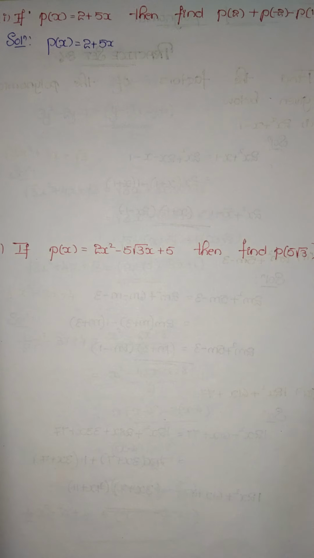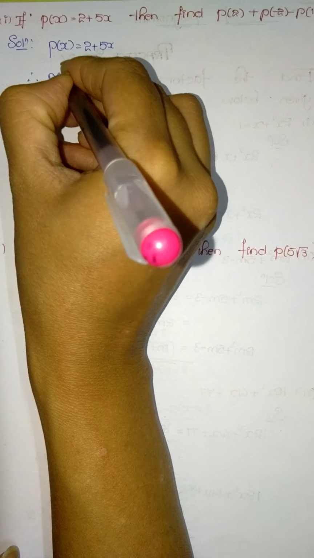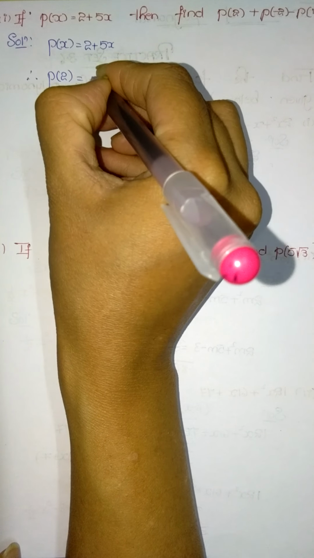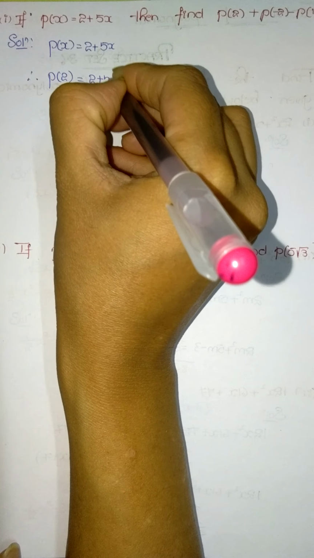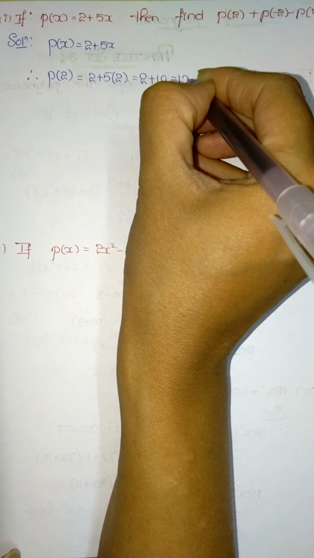So here p of x is given, 2 plus 5x. We have to find p of 2 first, p of minus 2 and p of 1, and then add and subtract them like an equation. So therefore p of 2: in the place of x we have to put 2. So 2 plus 5 into 2 which is equal to 2 plus 10, that is 12.